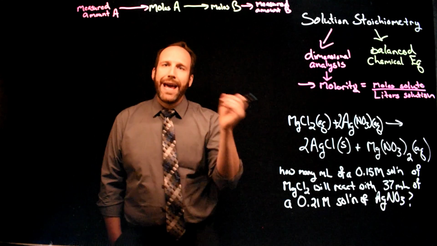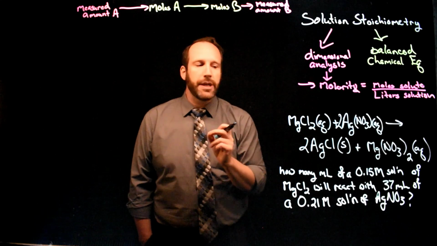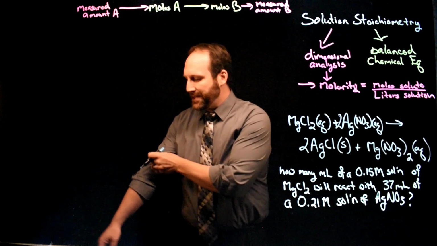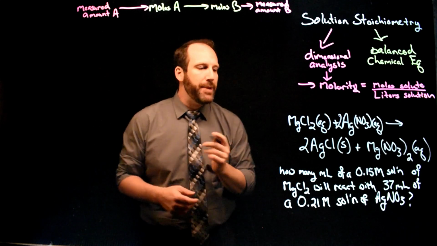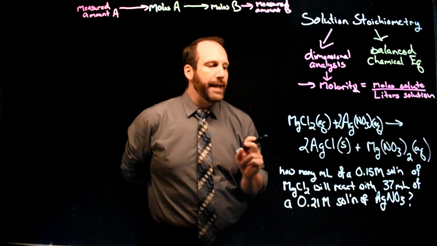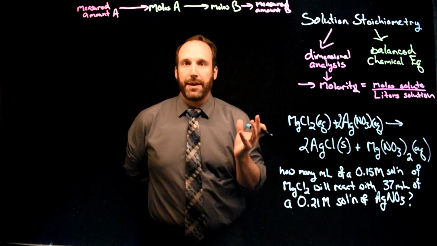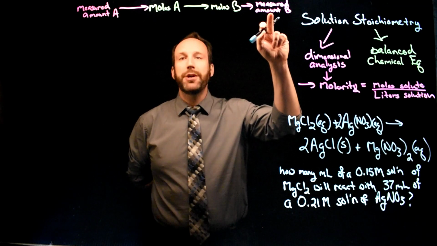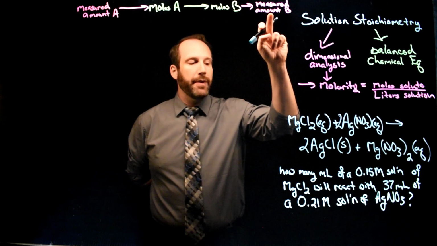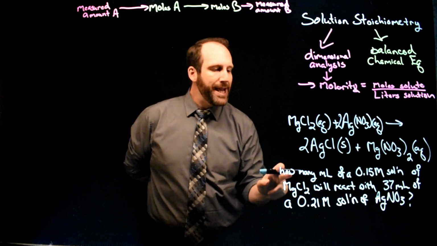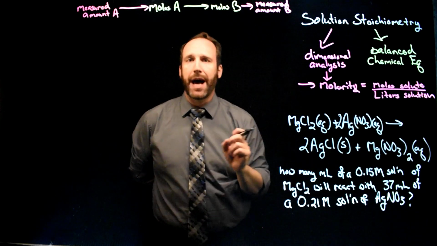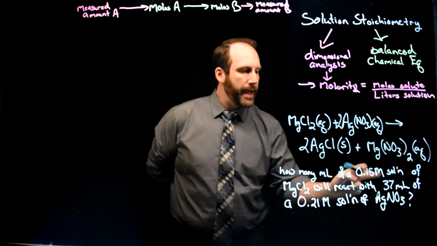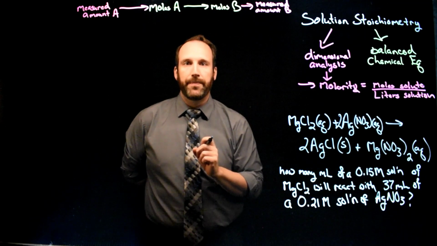So anytime that we do stoichiometry, we got to figure out what's the question that's being asked. And the question is always going to be that we're trying to calculate some amount of a compound. We're trying to calculate basically the measured amount of B. And so we're being asked how many milliliters, a measured amount of MgCl2.